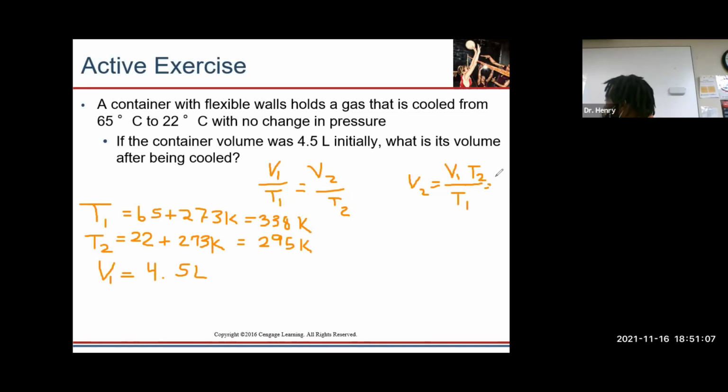Plug everything in. 4.5 times our T2, which is 295, divided by 338 Kelvin. Okay. Then we get our answer, which is 3.0.